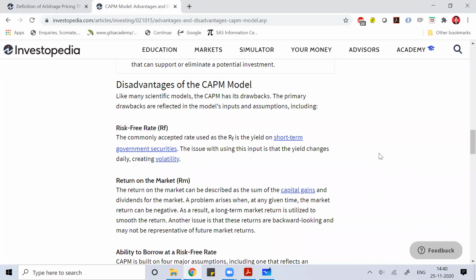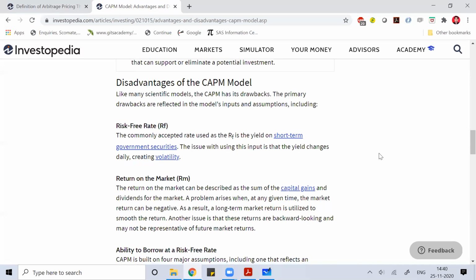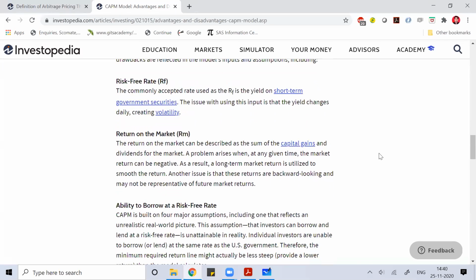So instead of looking at the Nifty, I should consider a better benchmark, maybe BSE 500 or BSE 100, which can be a better representative of the market for the return on the market in the CAPM model.